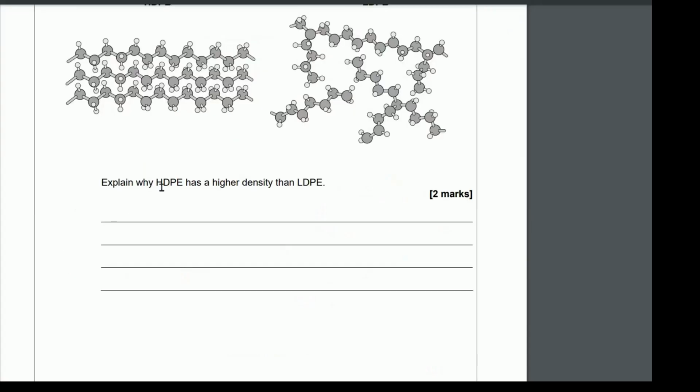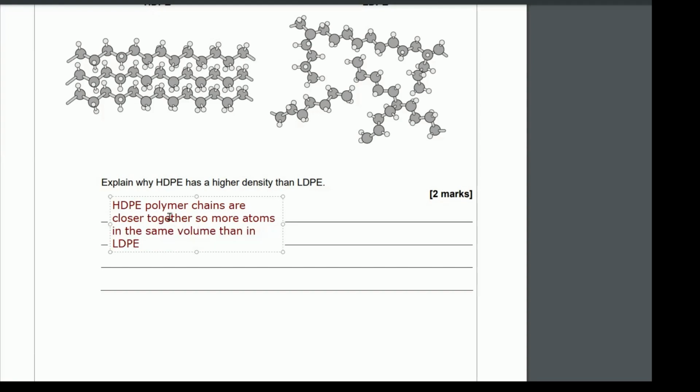So here's what I want to say, which is guaranteed to get you the mark. HDPE polymer chains are closer together, so more atoms in the same volume than in LDPE. So that basically is 2 marks there.